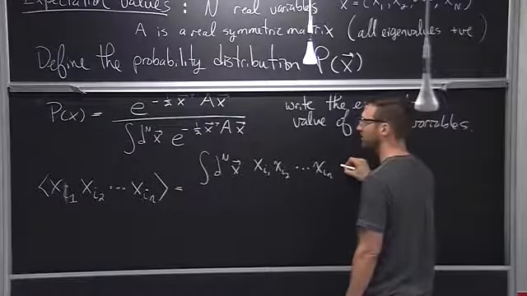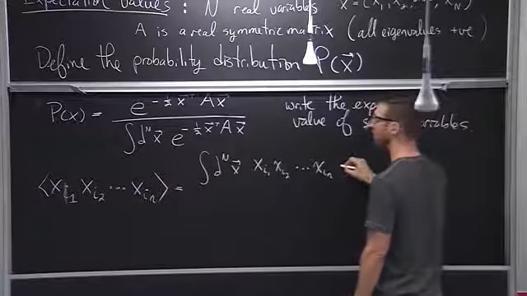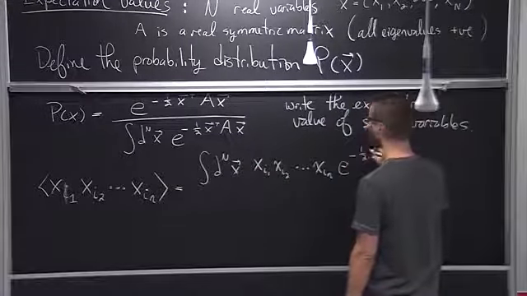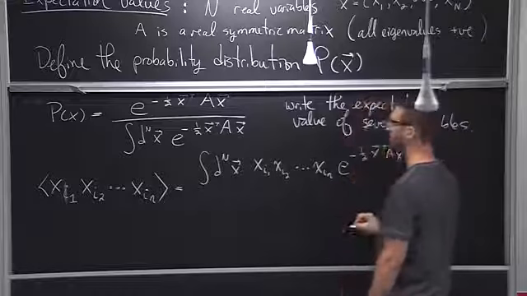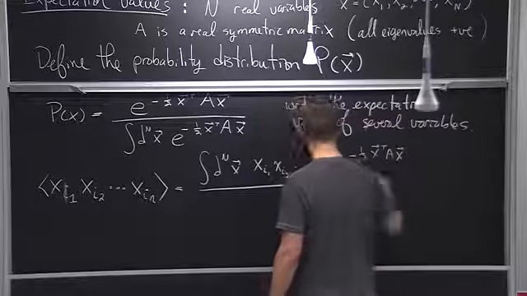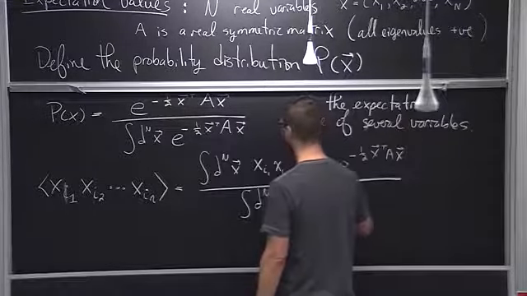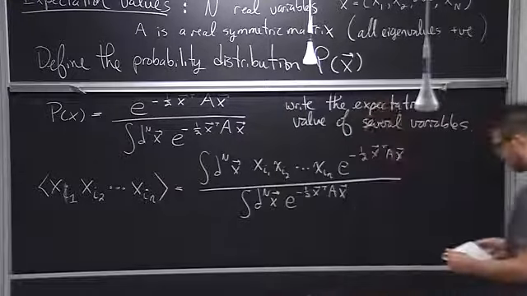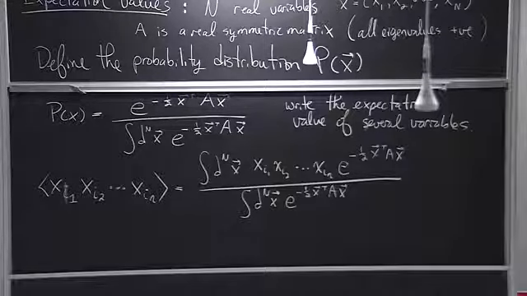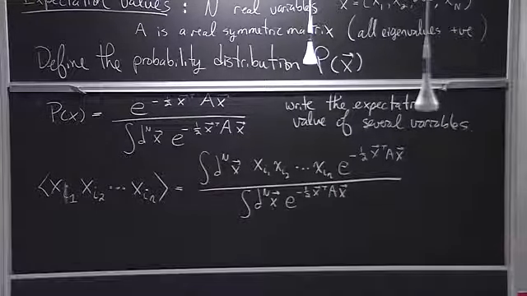For any operator, big O, this is how the expectation value is defined: the integral of big O times the weight, and then normalized by the partition function. The way that we calculate this type of expectation value is basically through a trick.